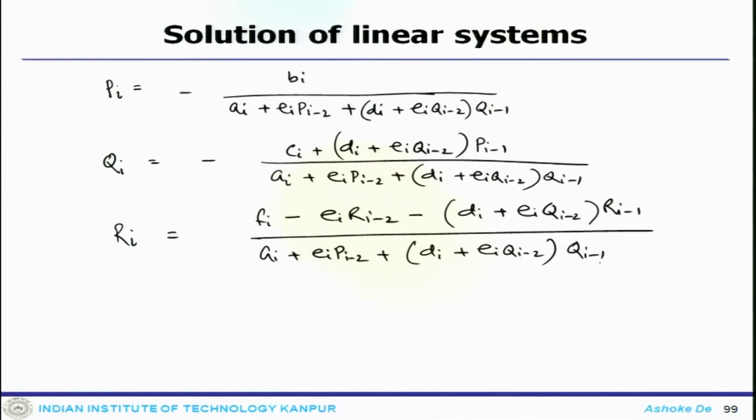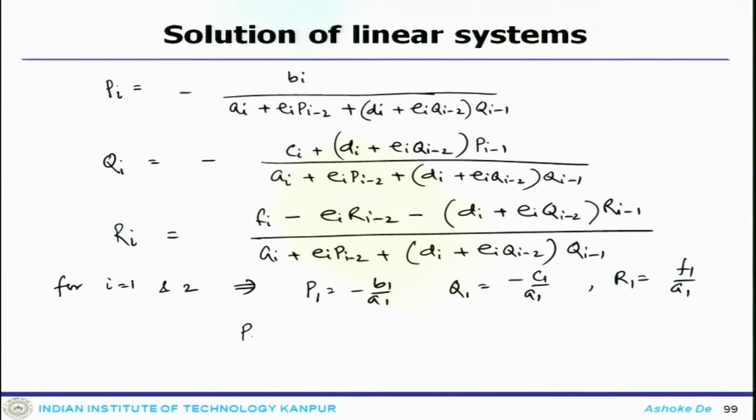Now, for i equals 1 and 2, we can get the specific expressions: P1 equals minus B1 by A1, Q1 equals minus C1 by A1, R1 equals F1 by A1.